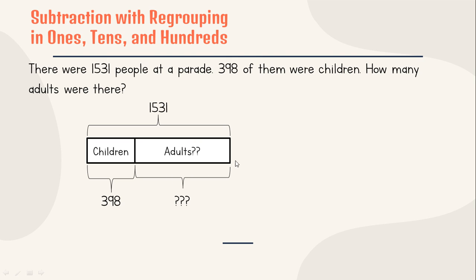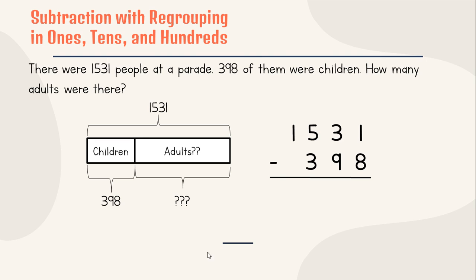Look at the adults. Is adult shorter than all? Yes. If the adults is shorter than the whole, it means that we're going to use subtraction for finding the adults. 1,531 minus 398. Minus it as usual.